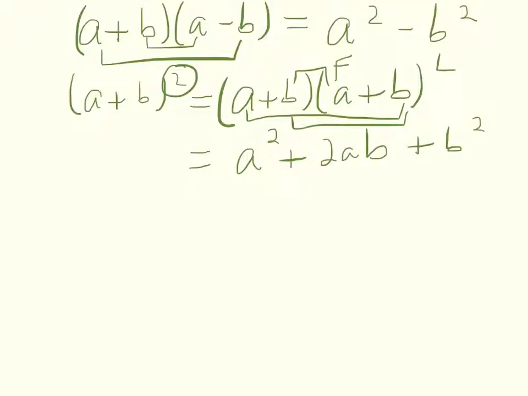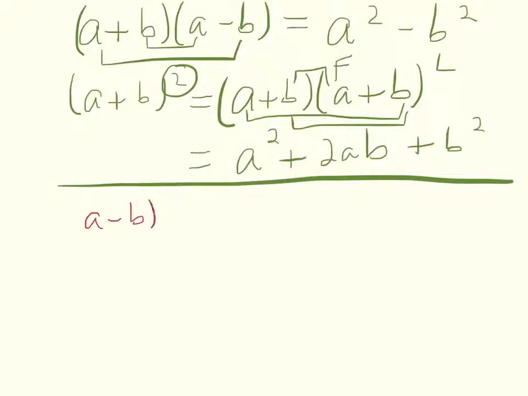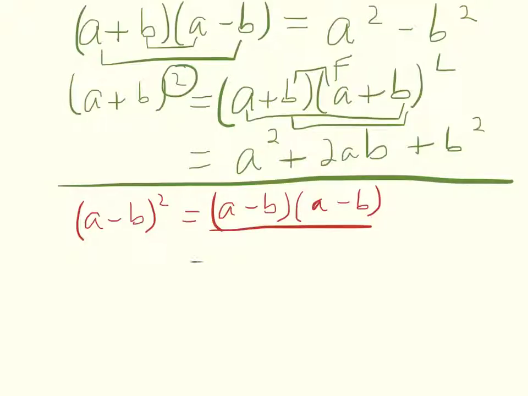If that happened to have been a minus sign, then again we can write it out, a minus b times a minus b, and FOIL. And the whole point of learning these special products is to not have to write them out like I'm doing here, but to simply go right to first, a squared, outer pair, negative ab, inner pair, negative ab, for negative 2 ab's total.